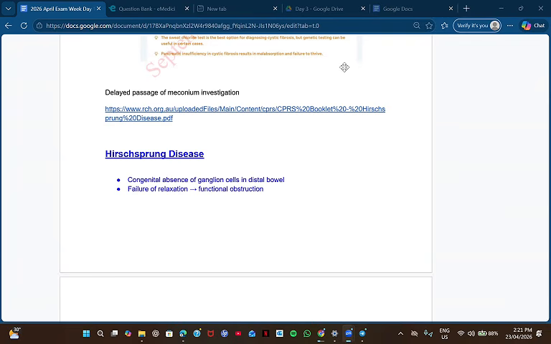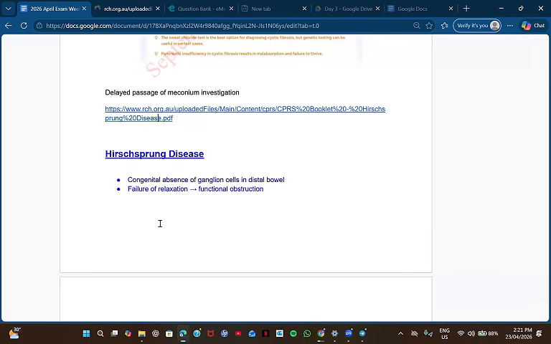The main cause, right? The most common one is Hirschsprung disease. But this is not the only one.